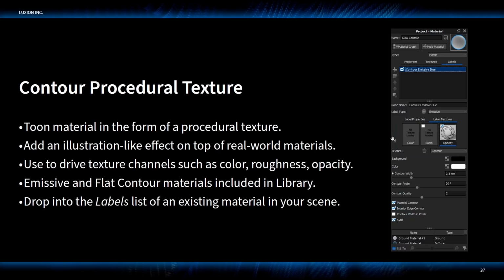And we have included a number of sample materials in the library for the Contour procedural texture as well. And what I found to be quite useful is to drag and drop those into your labels list, which again you can see here, allowing you to create that outline effect.